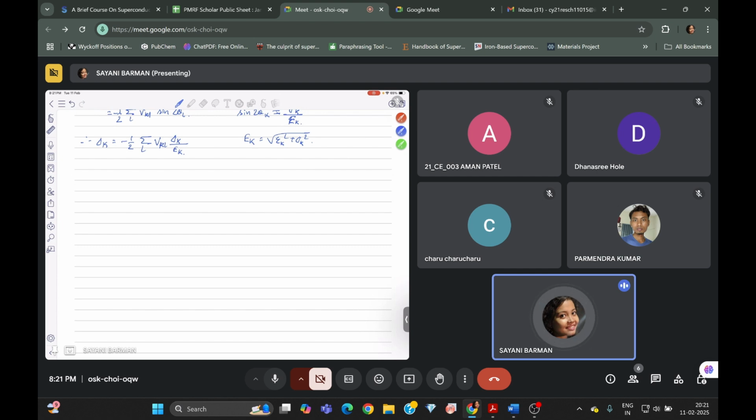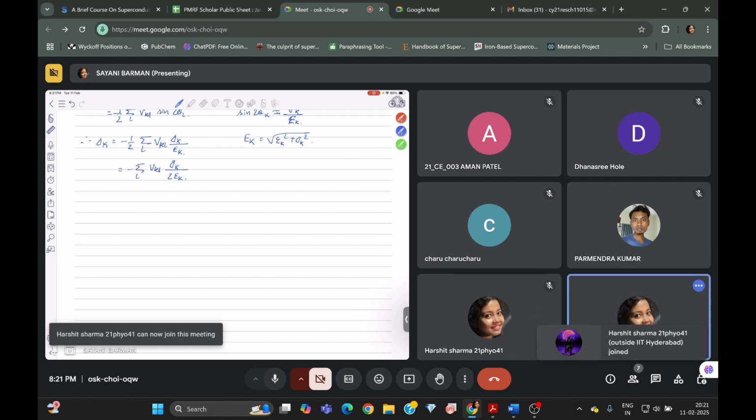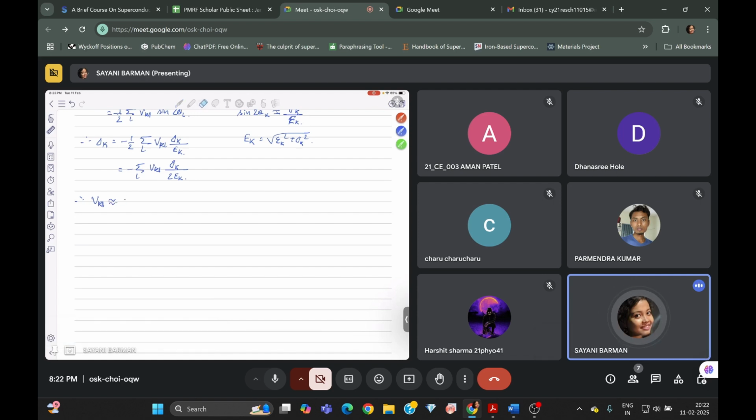We'll just rearrange these things and we'll get, if we can think of this one, VKL is almost equals to V for small energy difference.